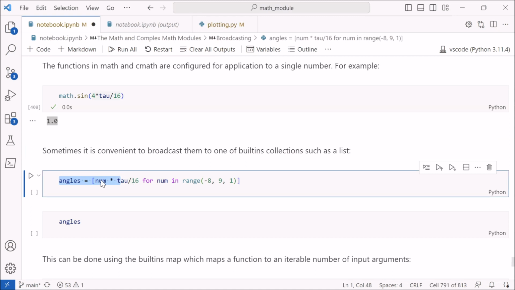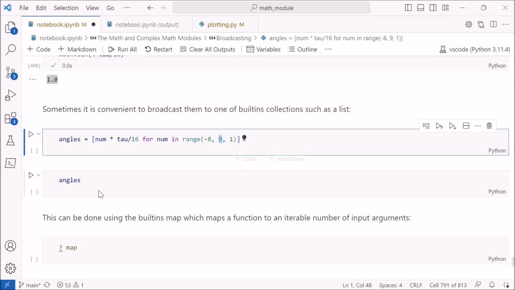They're going to be in tau over 16 steps, ranging from -8 tau over 16 to 9 tau over 16 in tau over 16 steps. And we're exclusive of the upper bound, so the last value is going to be +8 tau over 16.